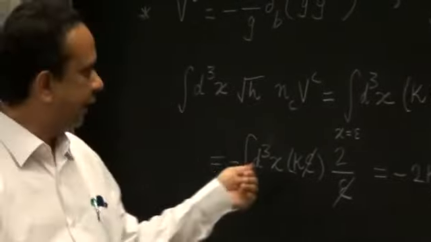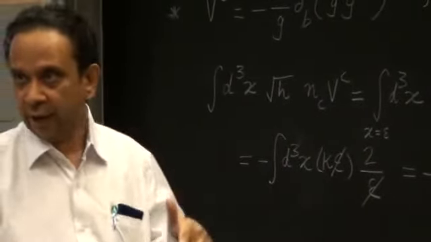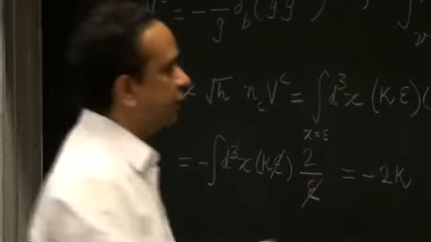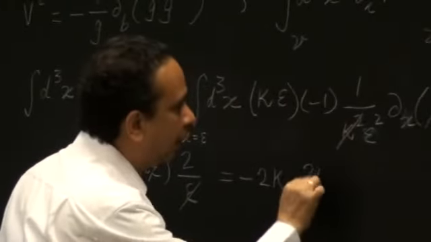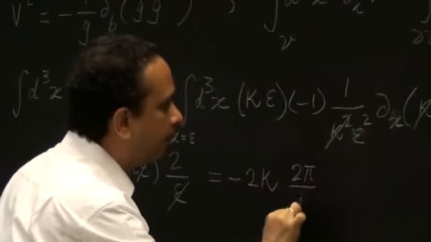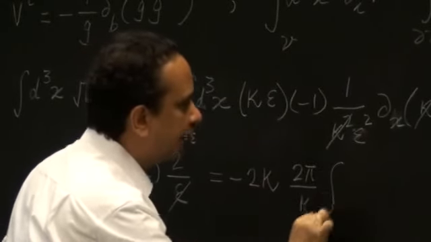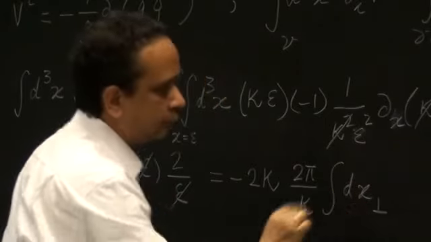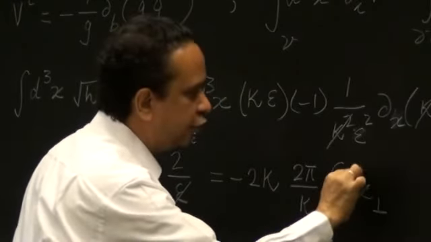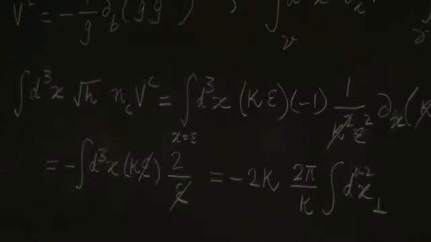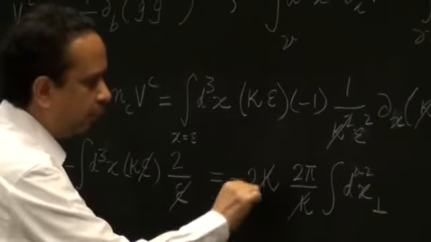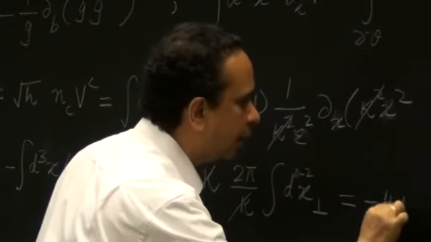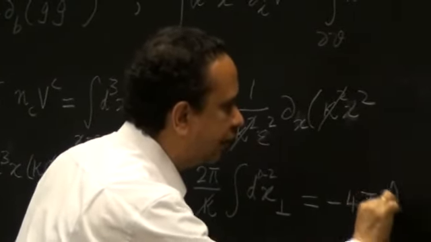So there is a dt integral, which is periodic. The period of kappa t goes to 2 pi, so this goes into 2 pi over kappa. Then you have an integral over the transverse coordinates, d minus 2 dimensional. So again these two go away, and you get minus 4 pi times the transverse area of the horizon.